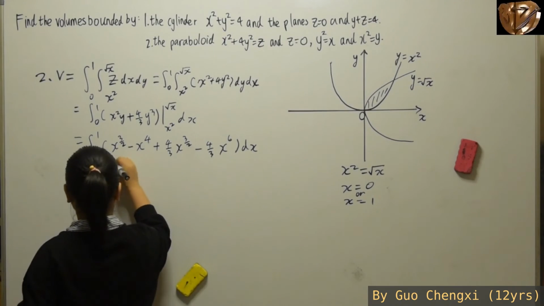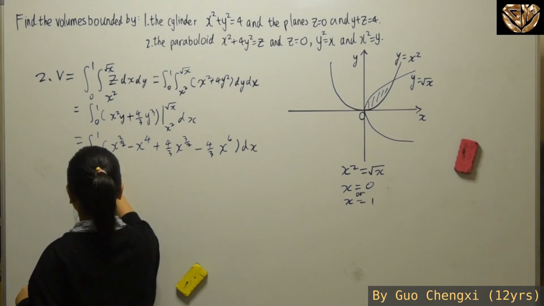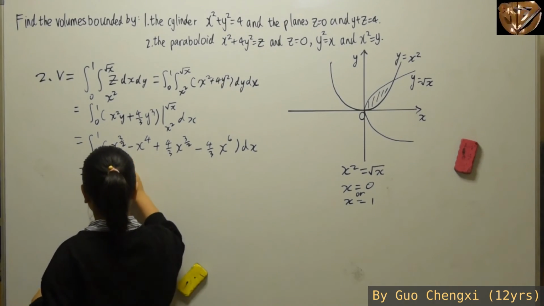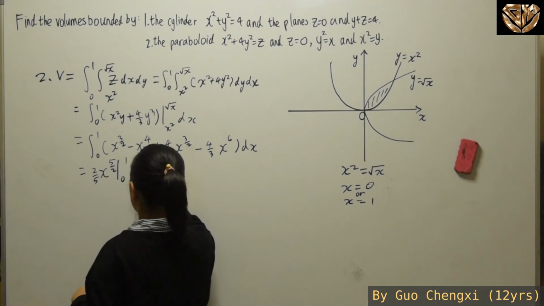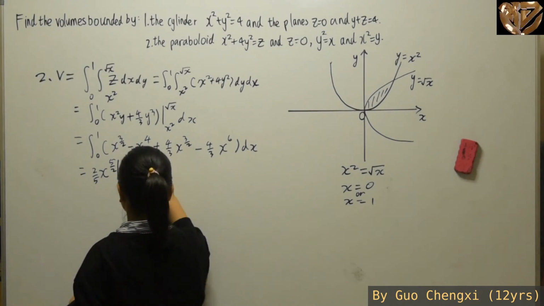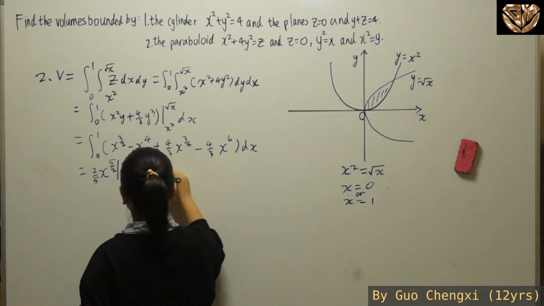Now we can straight away integrate it, and we will get x to the power of 5 over 2 with a 2 over 5 in front, from 0 to 1. Then here we get minus 1 over 5 x to the power of 5 from 0 to 1.